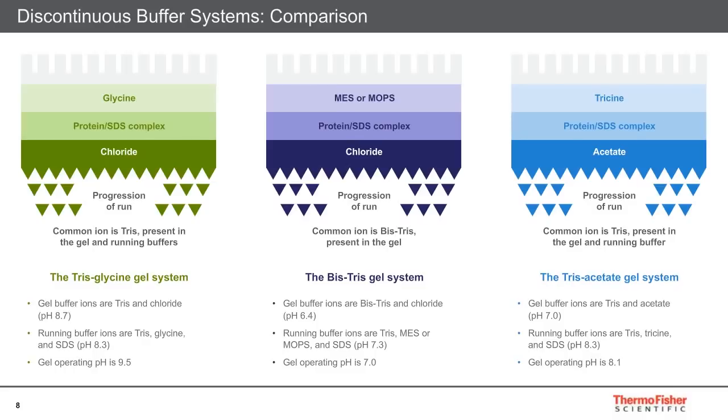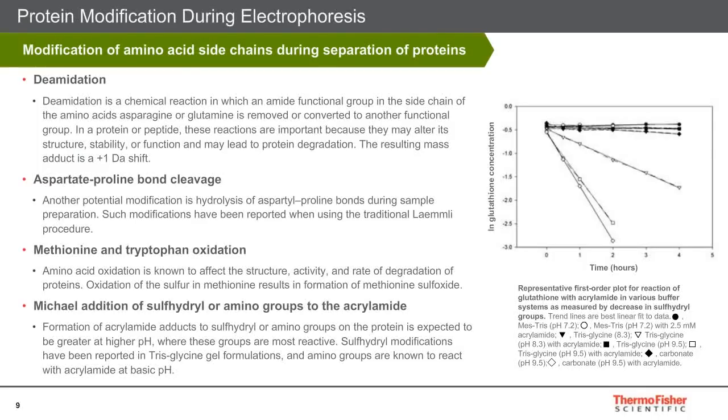The common ion in this system is Bis-Tris. The Tris-Acetate system includes tris and acetate ions in the gel buffer, which has a pH of 7. The running buffer ions are tris, tricine, and the ionic detergent SDS with a pH of 8.3. The gel operating pH of the Tris-Acetate system is 8.1, which is slightly alkaline, but not as much compared to the Tris-Glycine system.